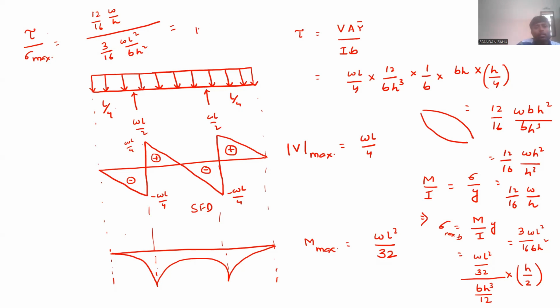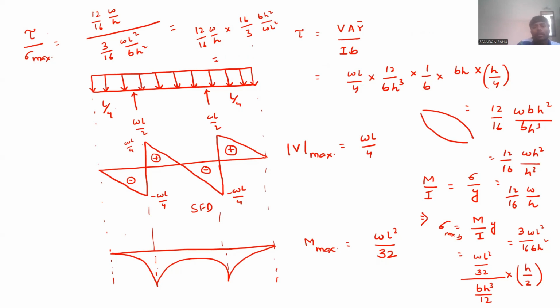So we will get 12 by 16 W upon H into 16 by 3 BH square upon WL square. So 16 will get cut, W will get cut. So just simplify it and tell me the value.